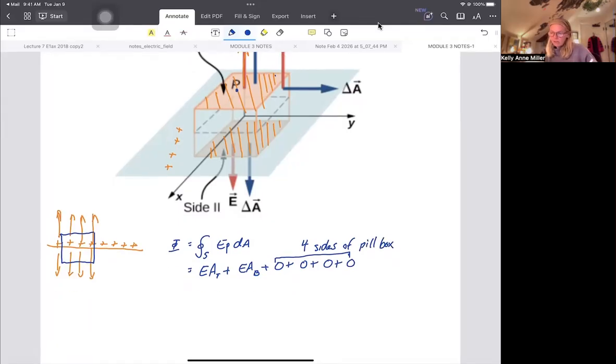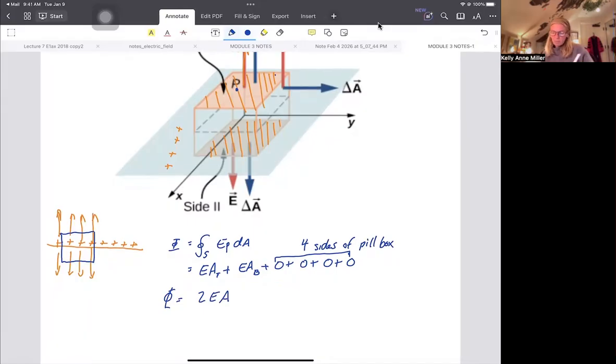So the flux is just equal to 2 times the electric field times the area, because it's just the top and the bottom that contribute.